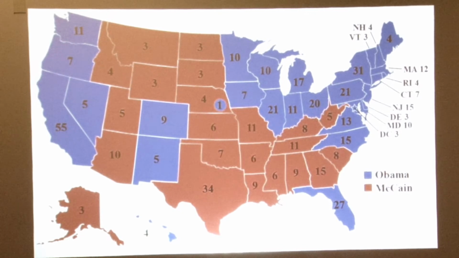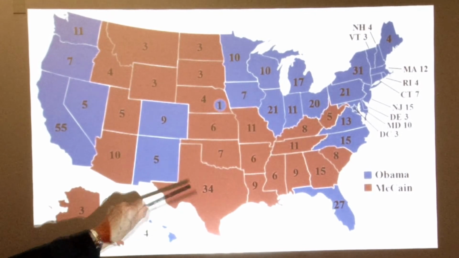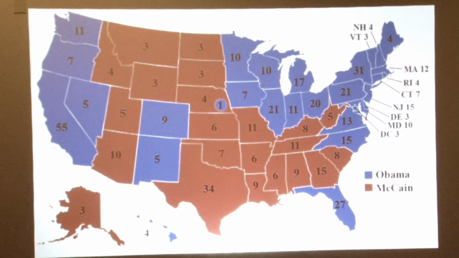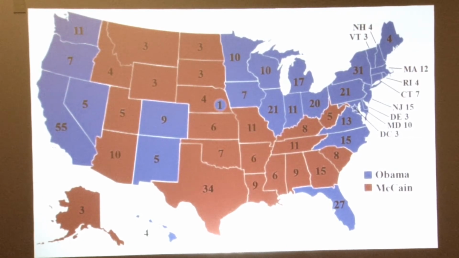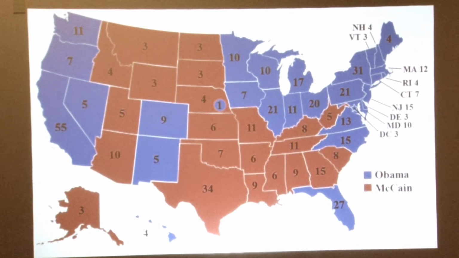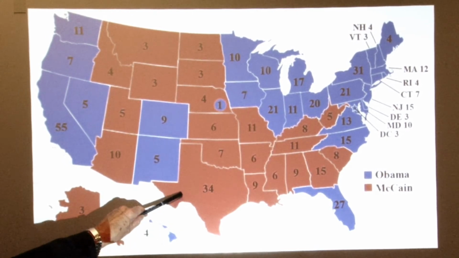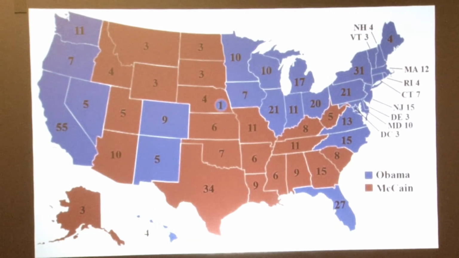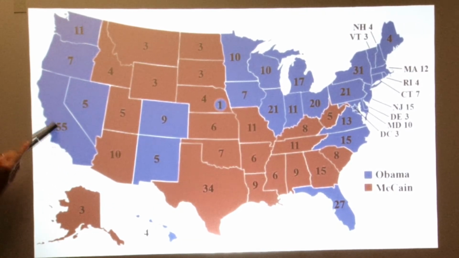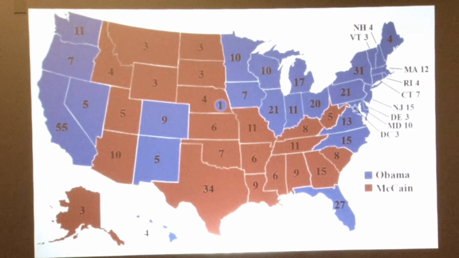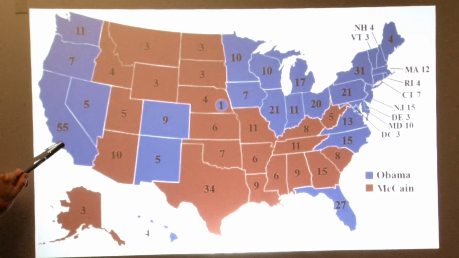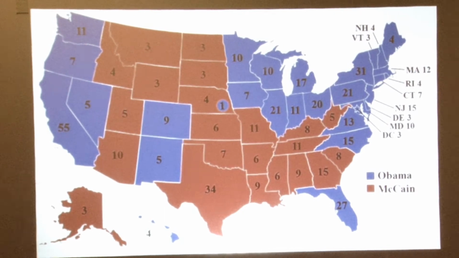So, for example, if McCain got, let's say, 55% of the votes in Texas in that election, and Obama got 45%, McCain would get 100% of the electoral votes, and Obama would get none. California, let's reverse it. Let's say Obama got 55% of the vote and McCain got 45%. Then Obama would get all 55 electoral votes and McCain would get none. That's called winner take all.